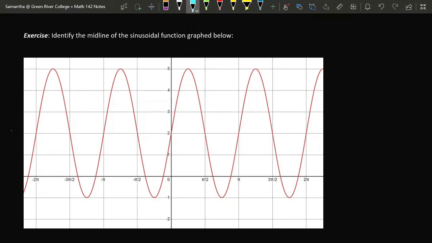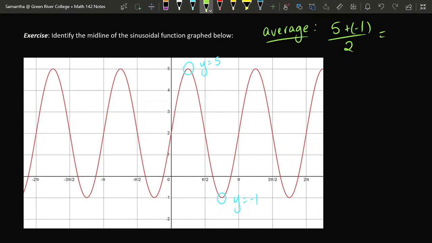So the highest point on this wave is up here at y equals 5. And the lowest point on this mathematical wave is right down here at y equals -1. Now some of you might just be able to visually count your way toward the center here, but if you're ever having trouble specifically identifying what number is between 5 and -1, you can always take the mathematical average of those two, which says add the two numbers together, split the difference, cut the result in half.